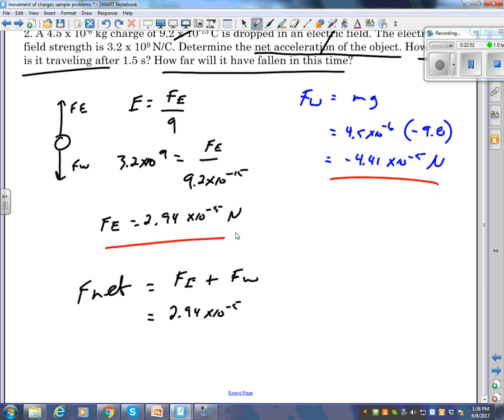Sir, how do you know when to add when it's not suspended? You add them when it's suspended too, right? But when they add up, they're going to equal what? 0. In these situations, you recognize that the forces are different, so you have to find the net force. In the previous situation, because it tells you it's suspended, you know that when added, they're going to give you 0. So you don't have to add because you know the answer. No, you're not listening.